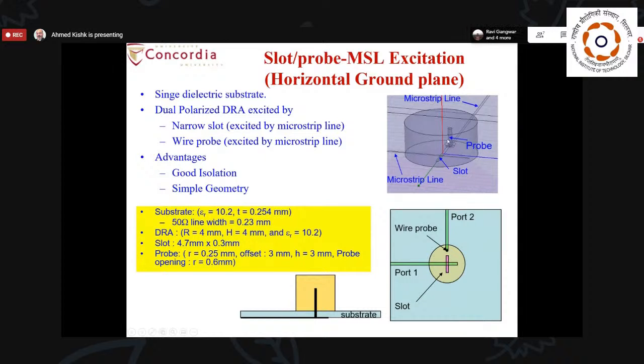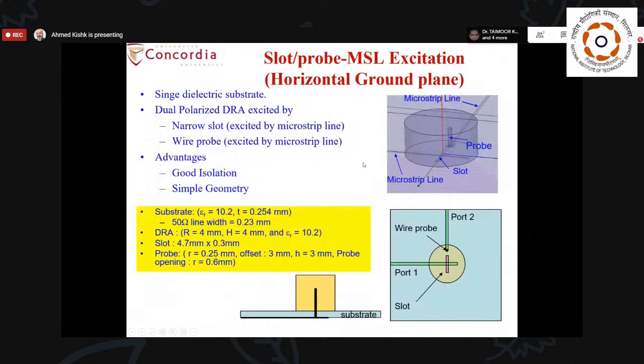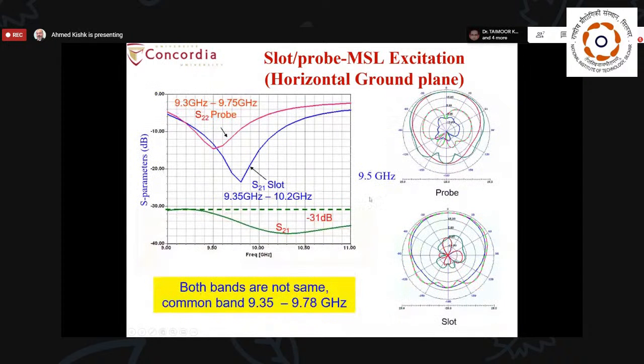So this is like a circular slot that you have to make in order to pass the coaxial probe to be connected to the line. And this also gave us good isolation between the two polarizations in a very wide band, although the dielectric resonator itself doesn't have this wide band.